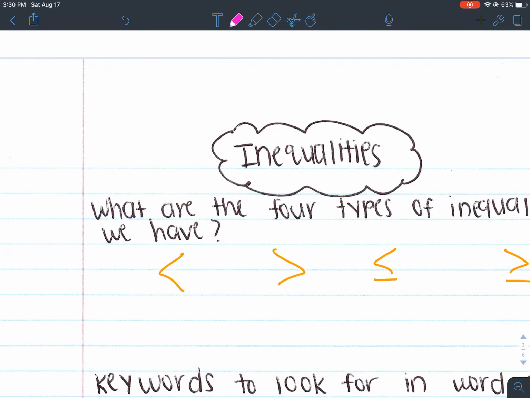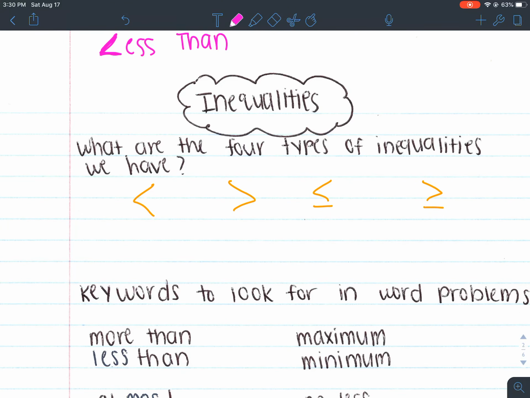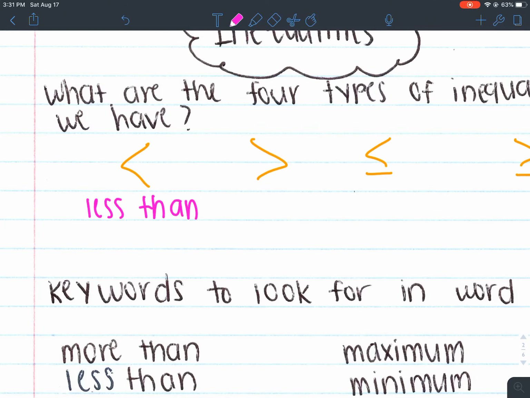So here's a little trick. If your sign kind of looks like this, think of it as less than. Okay, it looks like an L kind of. Your little L's kind of tilted. So if your sign is pointed like that, that means it's going to be less than. So for our first one, we're going to have less than, which would mean the second one would be greater than.